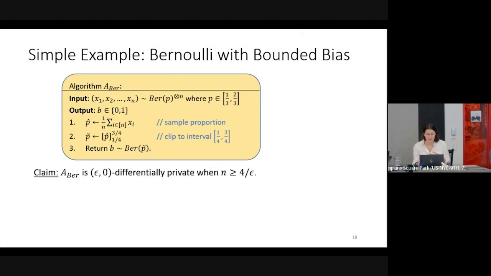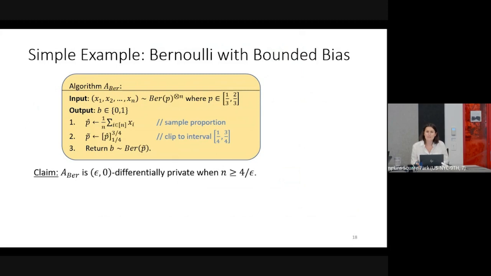And I claim that this is epsilon-0 differentially private when n is at least 4 over epsilon. And if you're familiar with differential privacy, then this might be surprising because we're not actually adding any Laplace noise or Gaussian noise. It doesn't have the typical structure. And yet clipping and sampling is enough to get privacy.